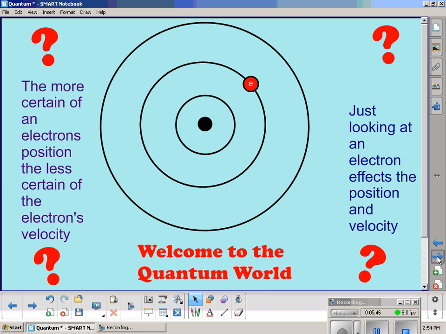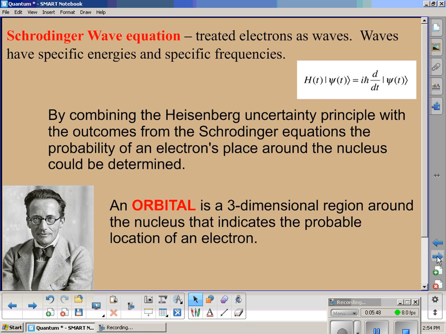Quantum's really small. So in an effort to try and understand this, we come along to Schrodinger. The Schrodinger wave equation treated electrons as waves, and he showed mathematically that electrons are waves. Waves have specific energies and specific frequencies, as we've already shown.